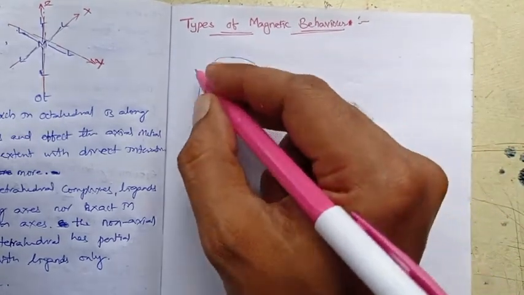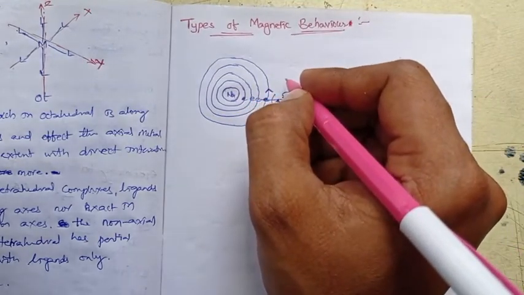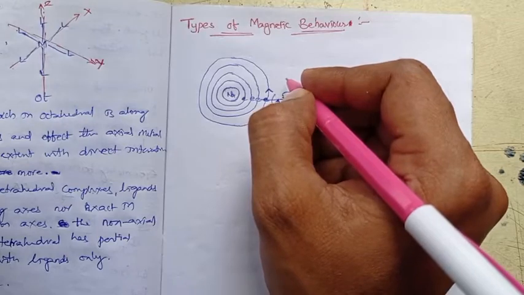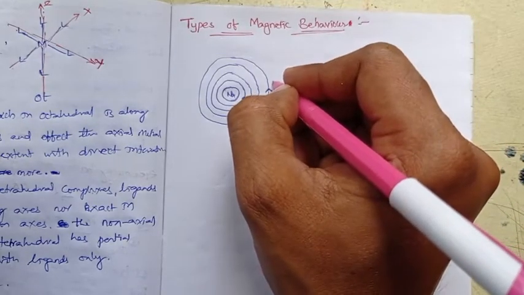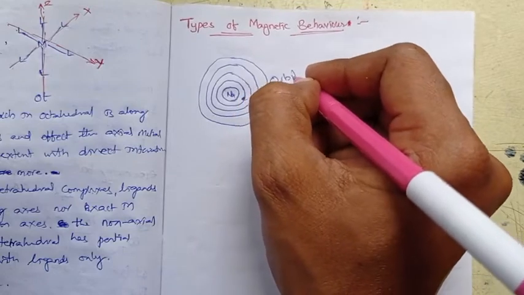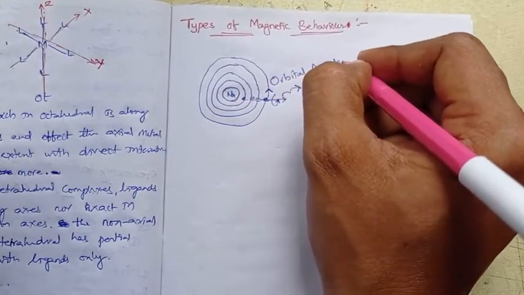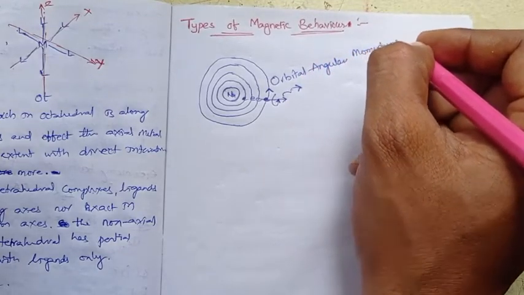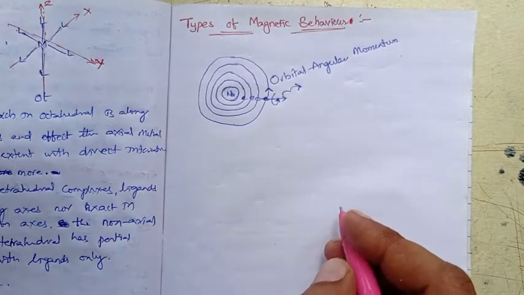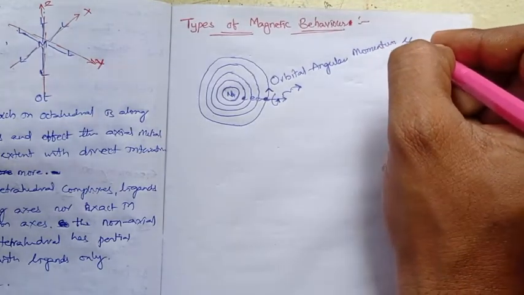When it is revolving around the nucleus, the generated energy and its reflecting or respective represented property can be called orbital angular momentum. The motion is called orbital angular momentum, and it is represented with mu l.